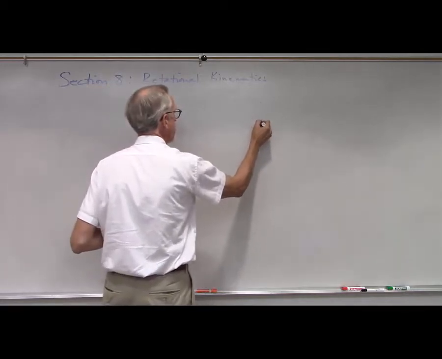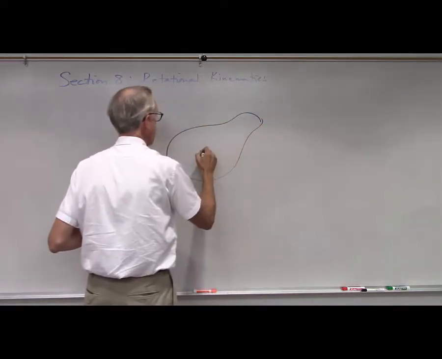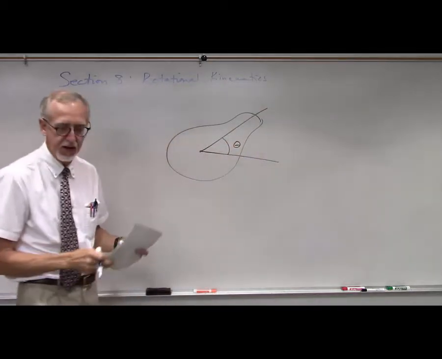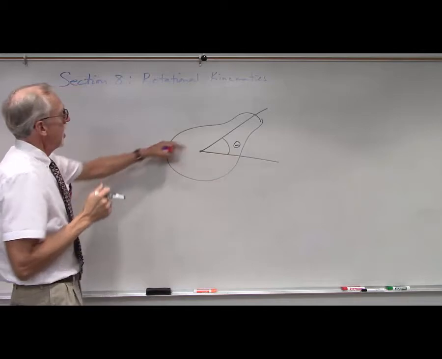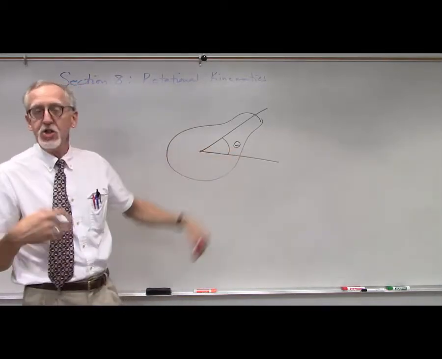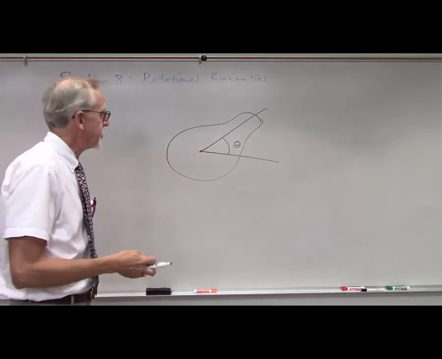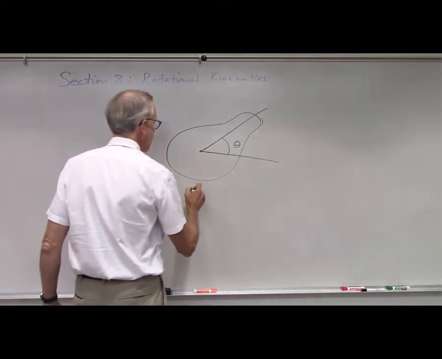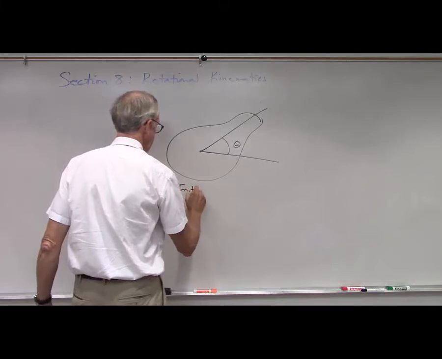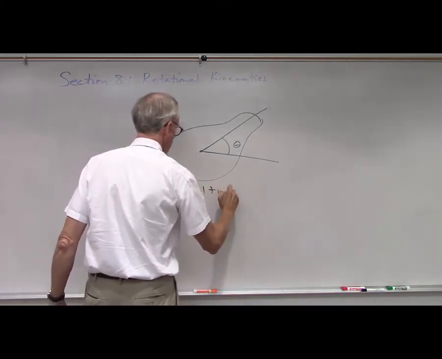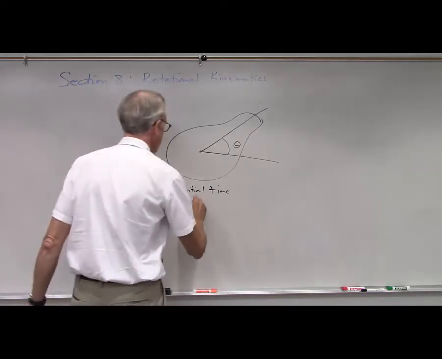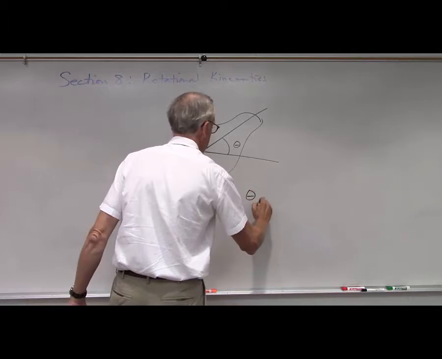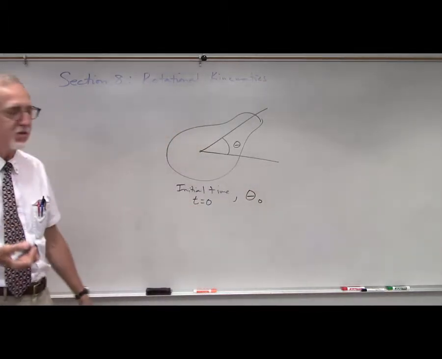So here's our object rotating with some angle theta. Theta is going to change in general. Theta will be a function of time. If the object is rotating one way or the other, theta will change with time. Let's imagine that at some initial time, whatever our t equals 0 time is, whenever we start our clock, we'll assume that our initial angle is theta naught.